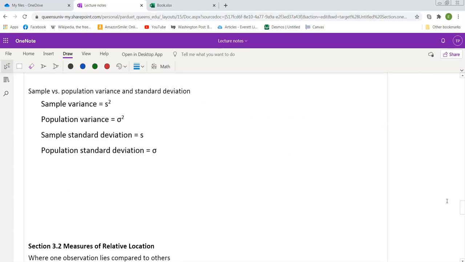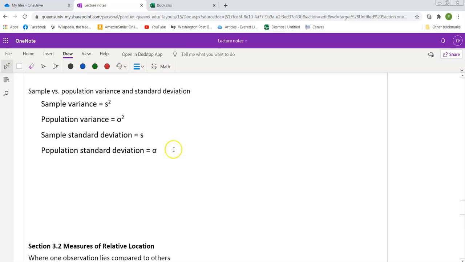And I hope some of you will watch it. It'll explain why the difference is. The important thing here is to notice the difference in notation. You need to know at least these two pieces of notation, the sample standard deviation and the population standard deviation. Because later in the course, there are going to be formulas where you plug in one or the other of those, and you're going to need to know the difference between them.